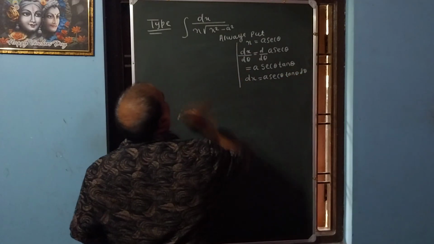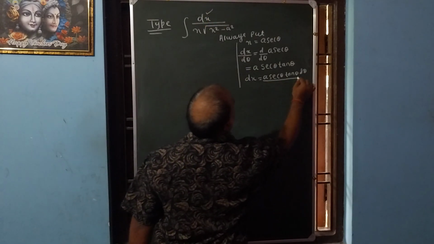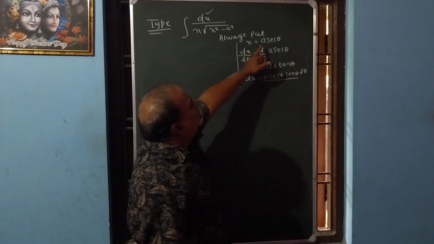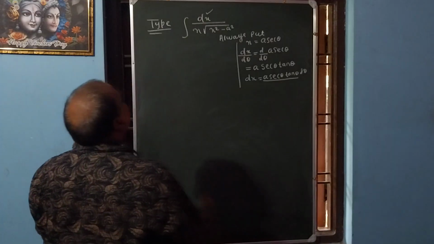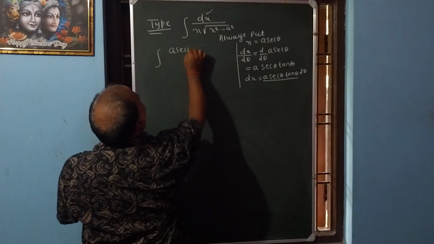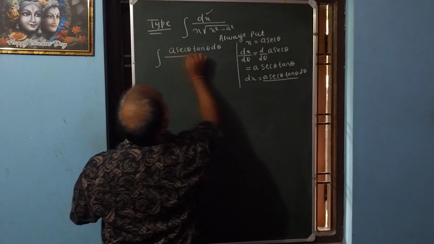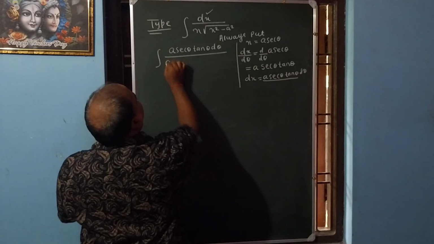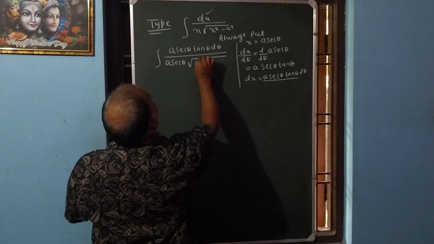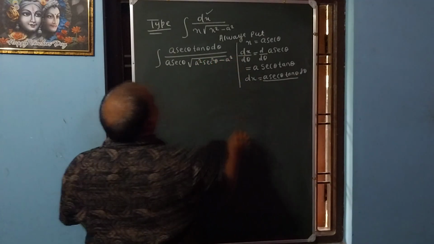Now this integral becomes: in place of dx we have to put a sec theta into tan theta d theta, and in place of x we have to put a sec theta. So the integral becomes a sec theta tan theta d theta divided by a sec theta root over a square sec square theta minus a square.